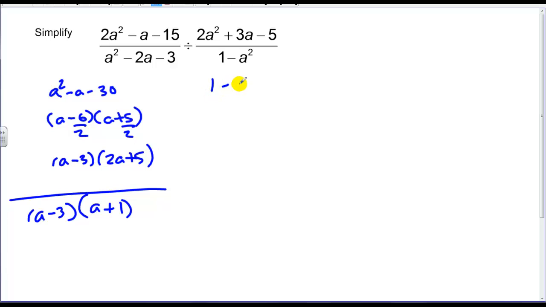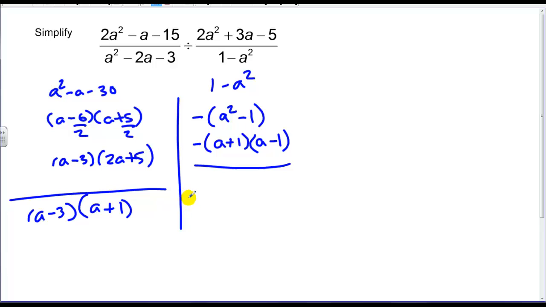Now, in the second term, I'm going to find the reciprocal, so I'll start with an a, or 1 minus a squared. And remember, I'm not a big fan of factoring with a negative squared term, so I'm going to factor out a negative 1, leaving me with a squared minus 1. And there's a difference of squares there. So I have an a plus 1 and an a minus 1.